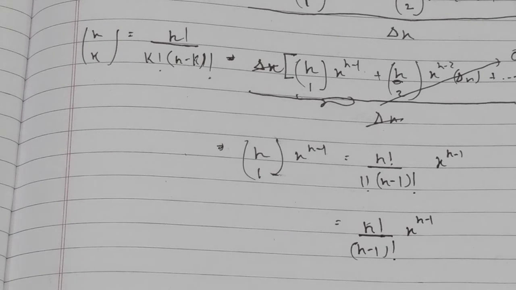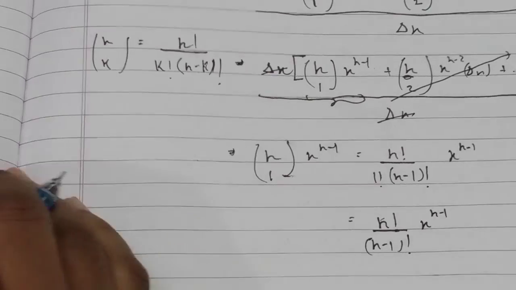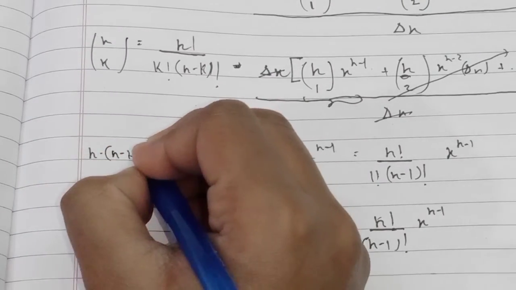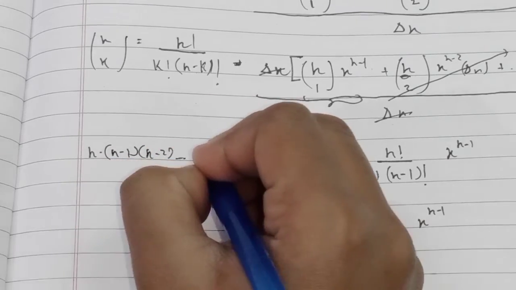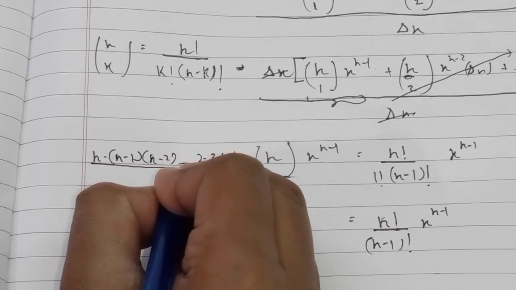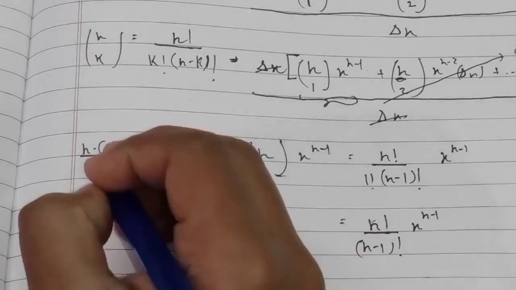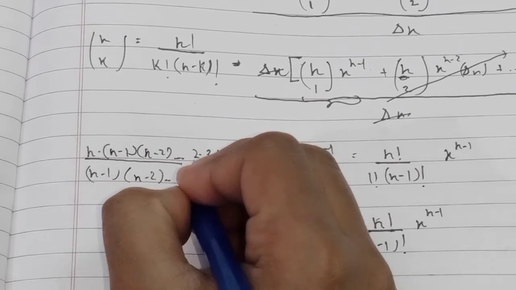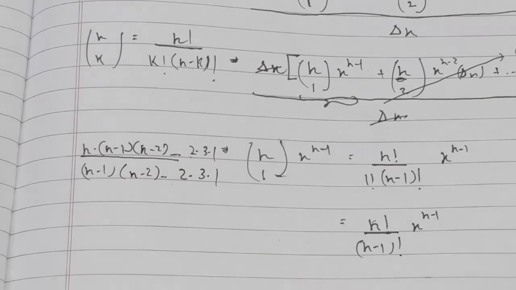Now see this, we have n factorial and we have n minus 1 factorial. n factorial is n into n minus 1 into n minus 2, and so on until 3 into 2 into 1, and in the denominator we have n minus 1 factorial, which is n minus 1 into n minus 2, and so on until 3 into 2 into 1.